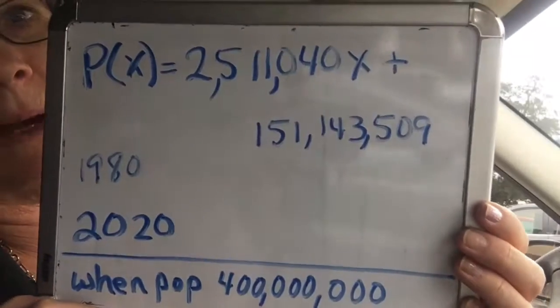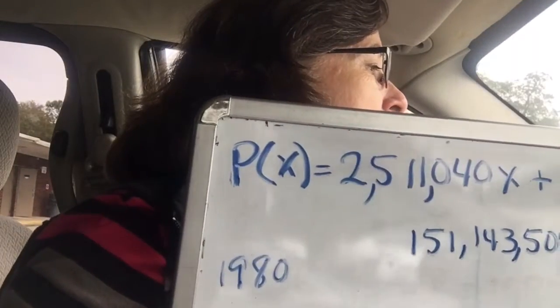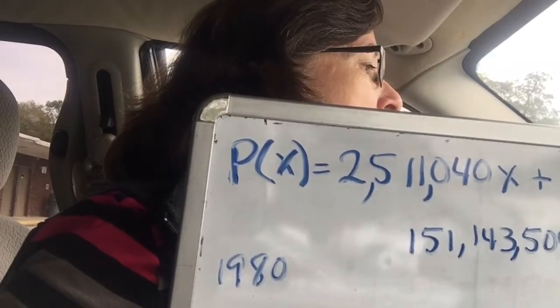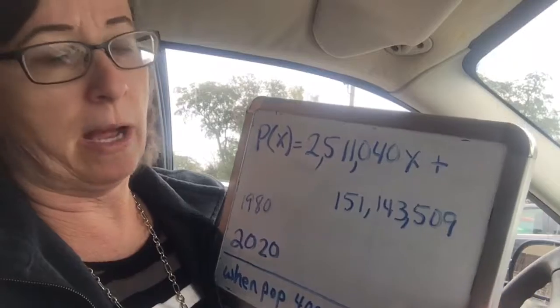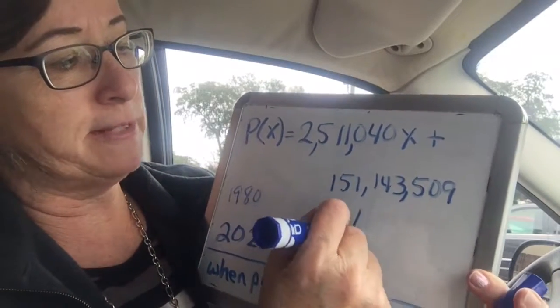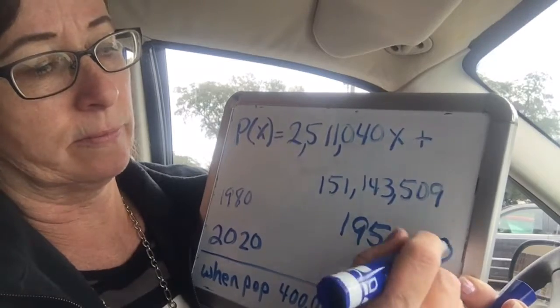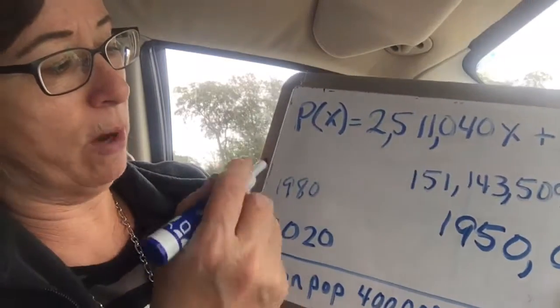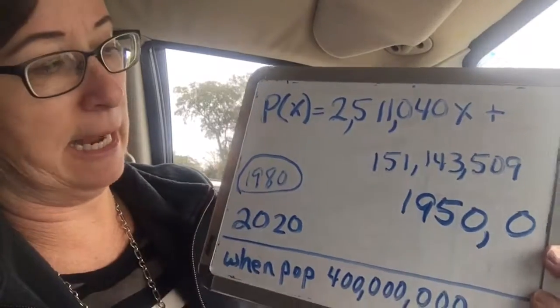Okay, so that's what the population of the U.S. is. And the years are going after 1950. So basically in this problem, 1950 is our 0 year. Okay, so they want us to model what would the population be in 1980.